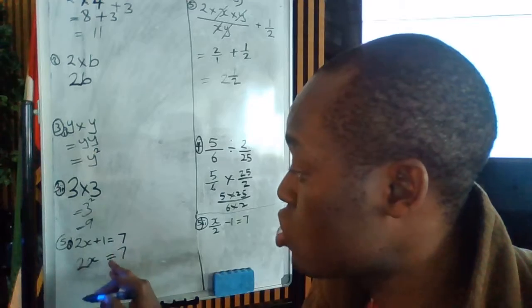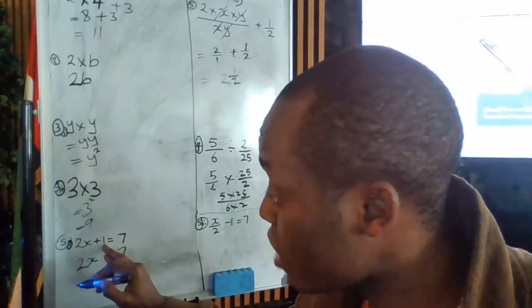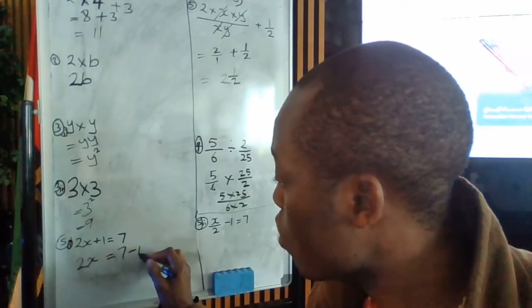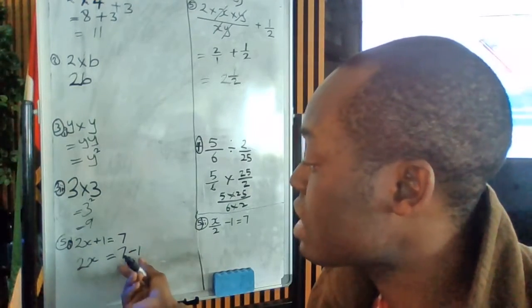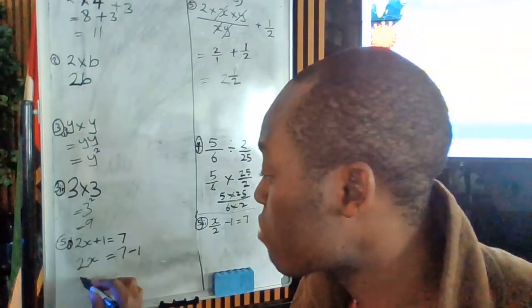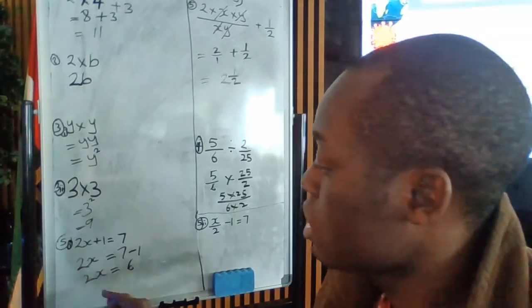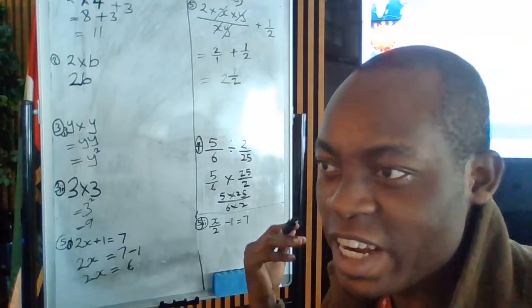Anything crossing the bridge, don't forget, it will change. Anything that is plus 1 will change to minus. That is minus 1. What we have done here is we have collected like terms, that is those items that look alike. So we now have what? 2x equals to 6.